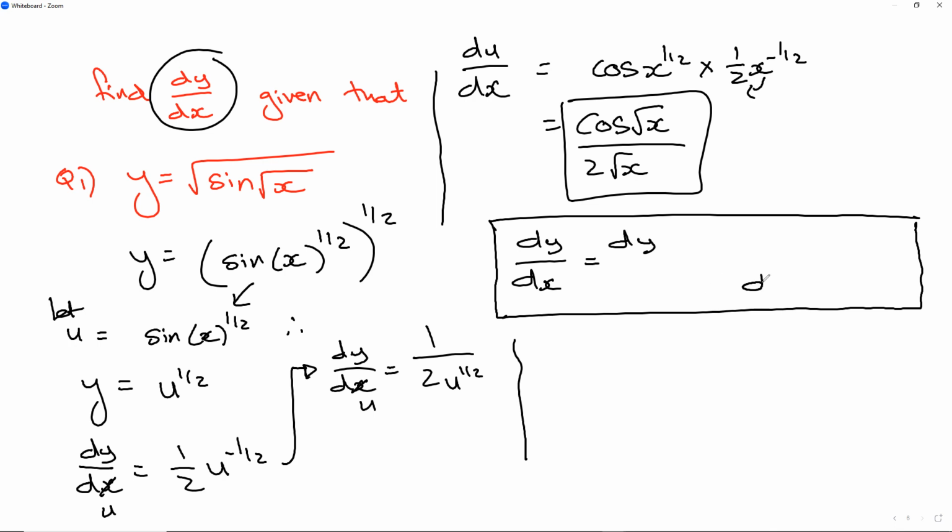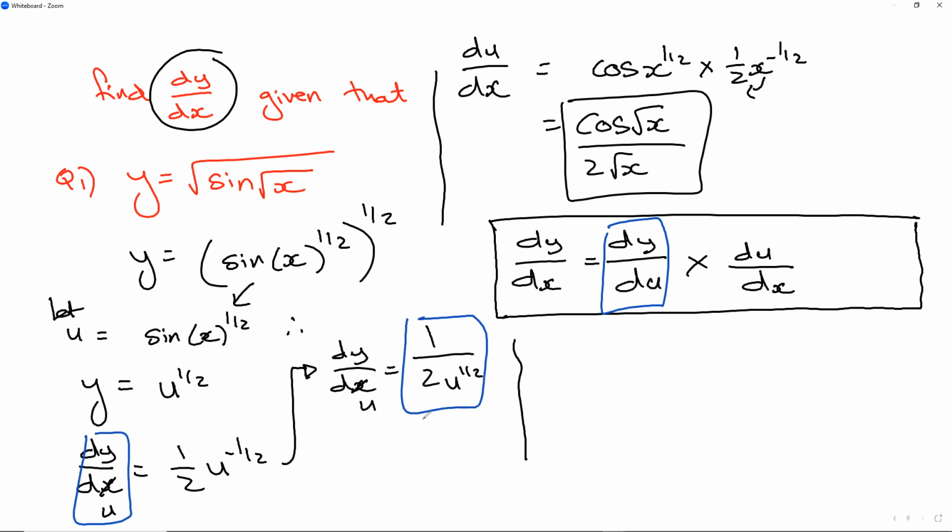I put dx at the bottom and dy at the top, so that I can bring in du like that. Those two du's will cancel out, if you treat this as a fraction. Now I've got dy/du.